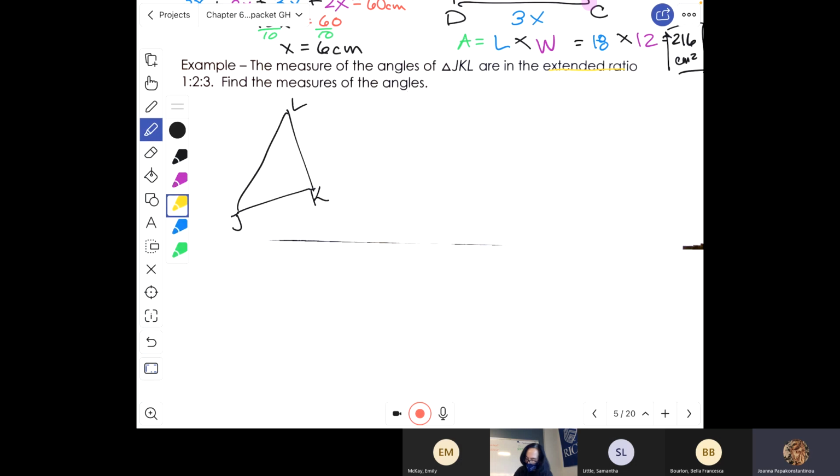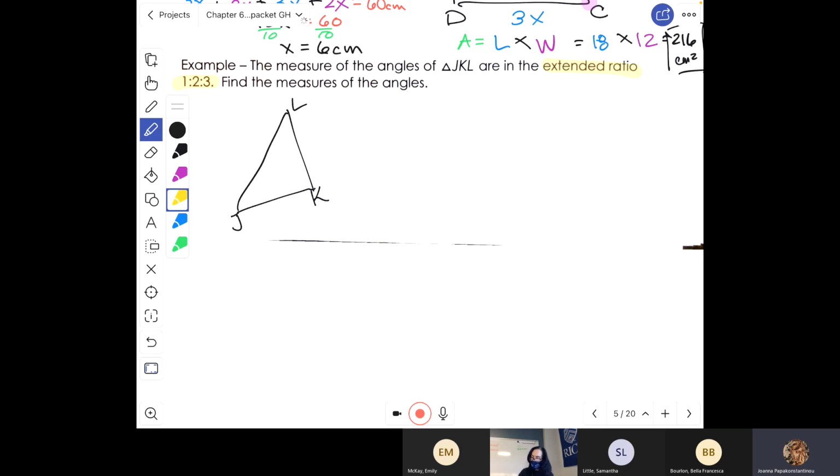Well, an extended ratio just means, oh, goodness gracious. An extended ratio means I have 3 or more numbers, right? So there's my extended ratio. Now that corresponds to our angles, right? Because we're looking for the measure of angles, and the measure is given as an extended ratio.